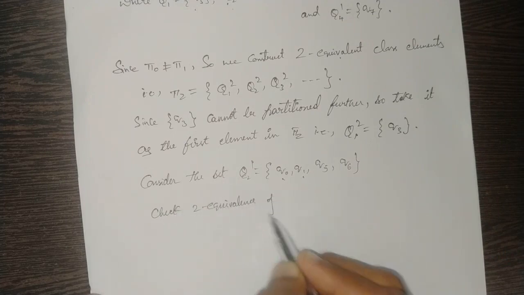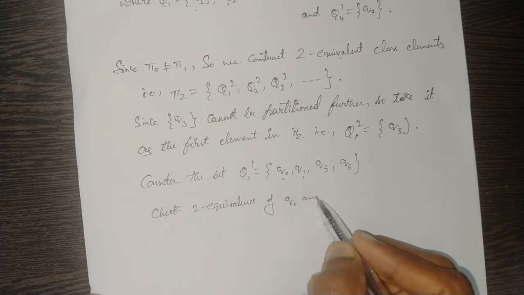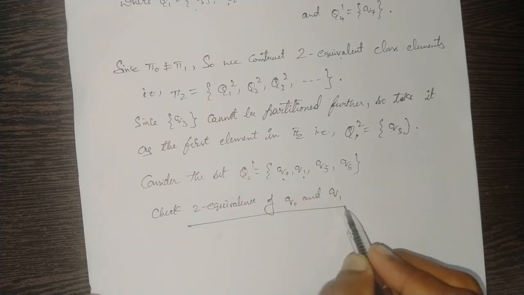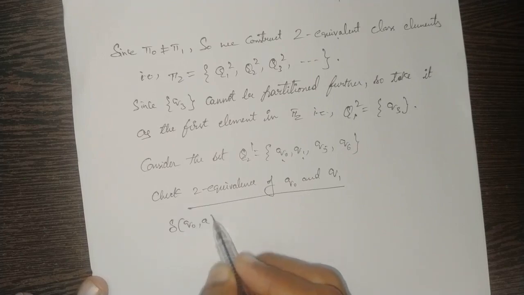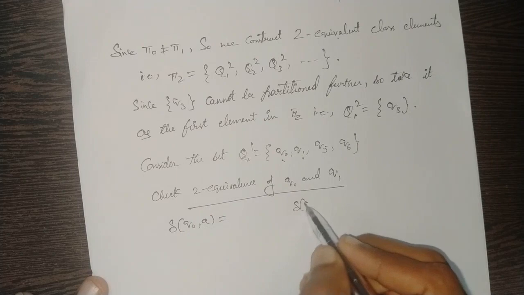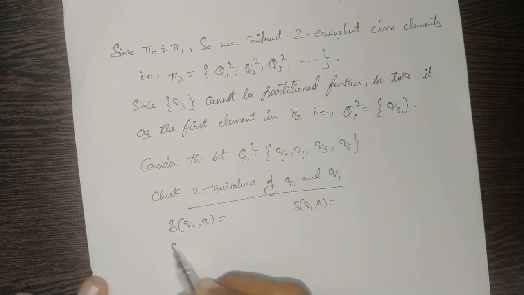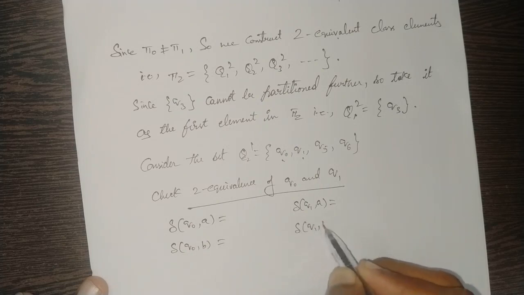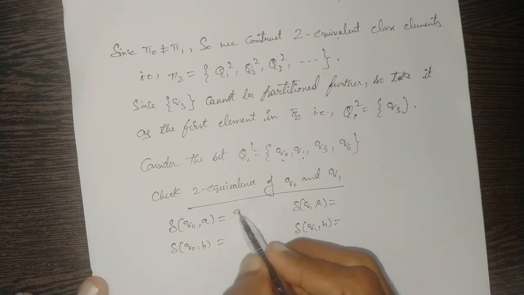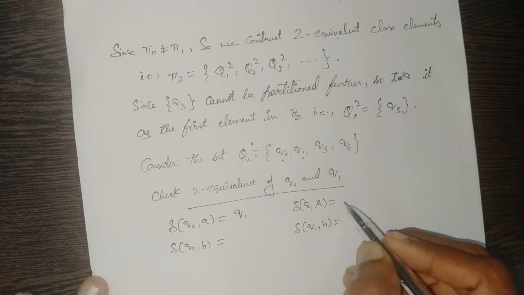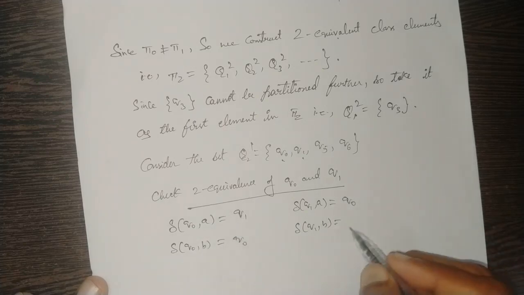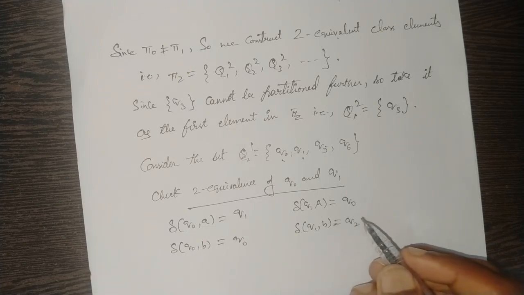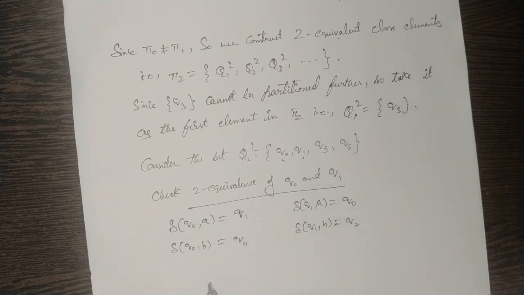That of Q0 at A, that of Q1 at A, that of Q0 at B, that of Q1 at B. Q1 moves to Q0 and Q0 moves to Q0. So by observing the transition table, we note this.